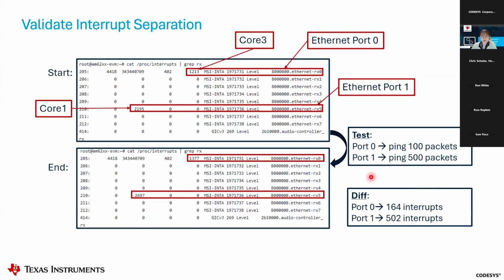And I don't see any increases in interrupts across any of the other fields within /proc/interrupts, indicating that the only cores actually processing packets are cores 3 and 1, and only on RX channel 0 and RX channel 5. So this gives me confidence and proof that interrupt separation was successfully set up.